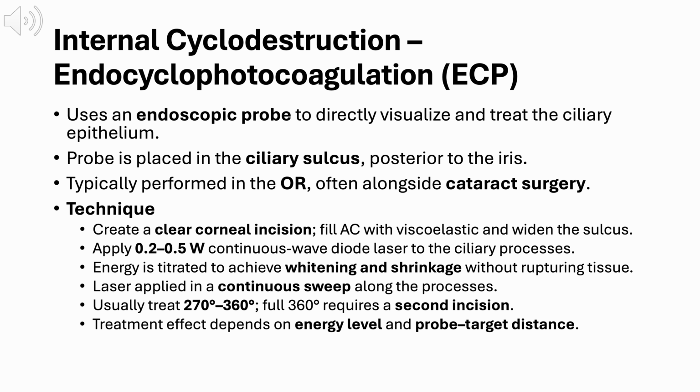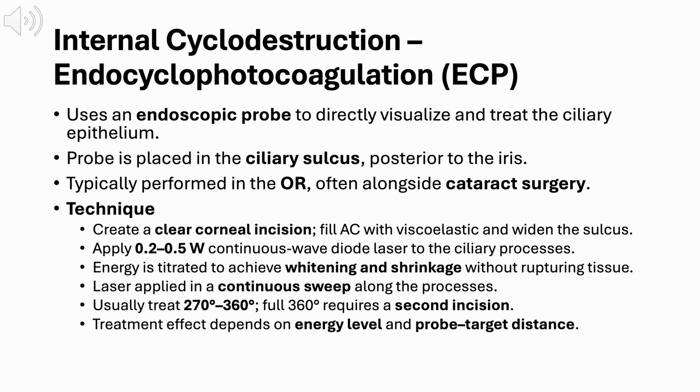Because this requires intraocular access, it's typically performed in the operating room, often combined with cataract surgery when the eye is already being entered. The basic technique begins with a clear corneal incision and deepening the anterior chamber with viscoelastic to widen the sulcus. A continuous wave diode laser, usually in the 0.2 to 0.5 watt range, is then applied directly to the ciliary processes.